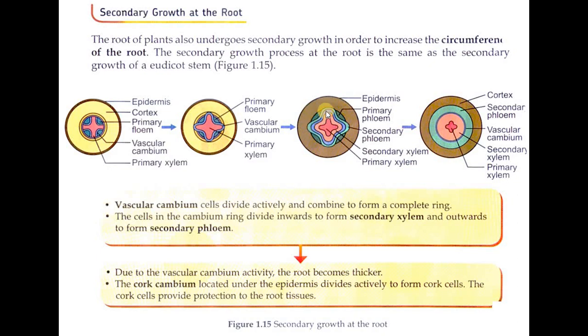Due to the vascular cambium activity, the root becomes thicker. The cork cambium located under the epidermis divides actively to form cork cells. The cork cells provide protection to the root tissue. That's all that happens in secondary growth in the roots.